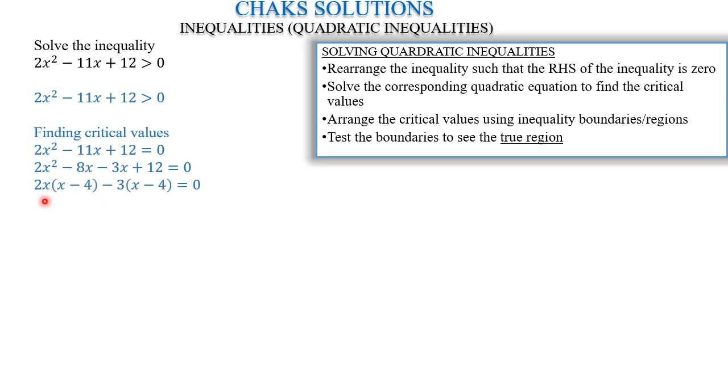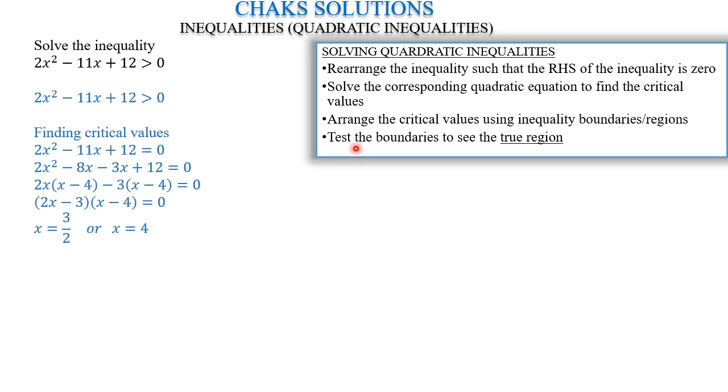We can factorize this as 2x open brackets x minus 4 close brackets minus 3 open brackets x minus 4 close brackets equals 0. So it's (2x minus 3)(x minus 4) equals 0. Now we can find the critical values: x equals 3 over 2 or x equals 4.